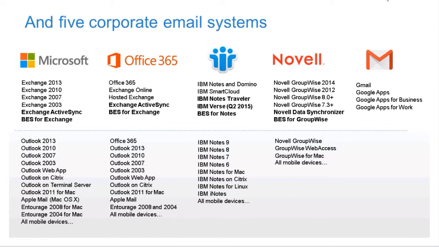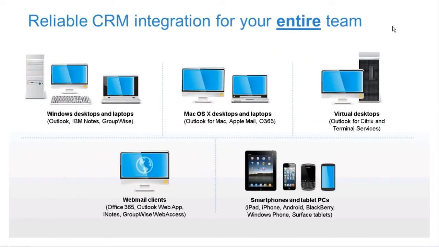Same thing with web applications like Office 365. Same thing with IBM Notes and Domino, including their latest release, 2015, of IBM Verse, as well as all of the Notes clients, 6 through 9, and then Novell, and then we just recently introduced support for Gmail and Google Apps.